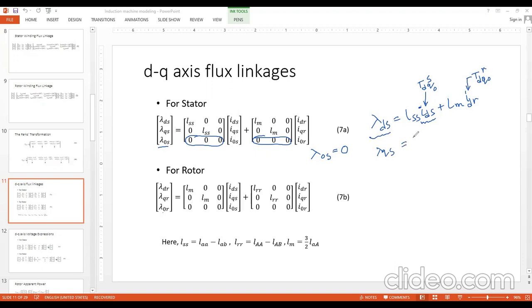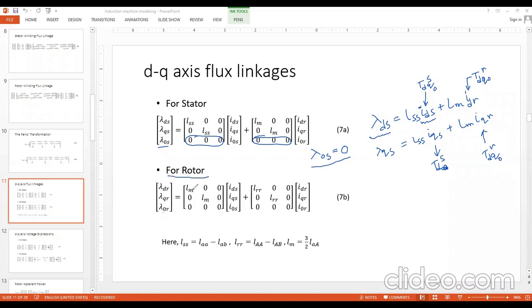Similarly, lambda QS would be LSS IQS plus LM IQR. Again, use TDQ0S here, and for this one use TDQ0R. And the third one is lambda 0S equals 0.